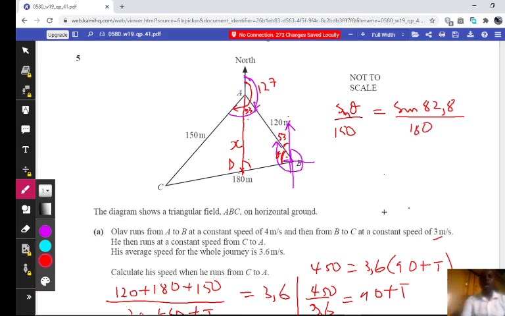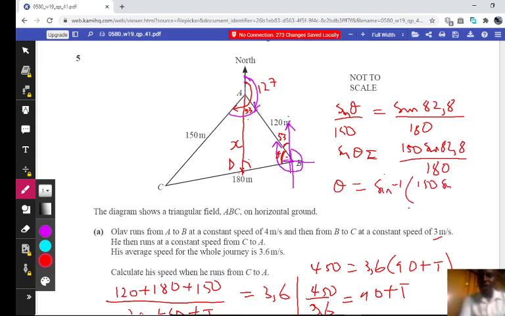Then cross multiply, we can just say sine theta is equals to 150 sine 82.8 over 180. Then your theta will be equal to arc sine of 150 sine 82.8 over 180.